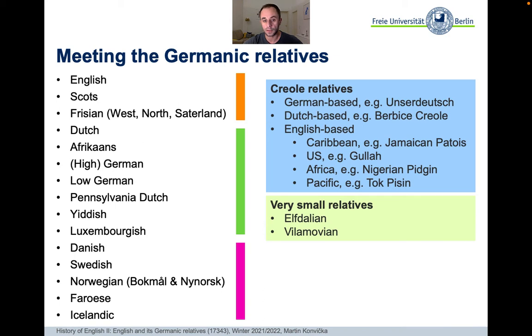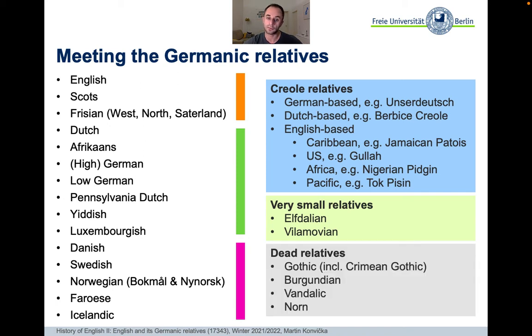Then also the so-called Vilamovian, which is a language spoken by approximately 100 people in Silesia, in what is nowadays Poland, but what was a German-speaking territory before the Second World War. And this particular dialect is so distinct from the other dialects that it is considered to be a different language.